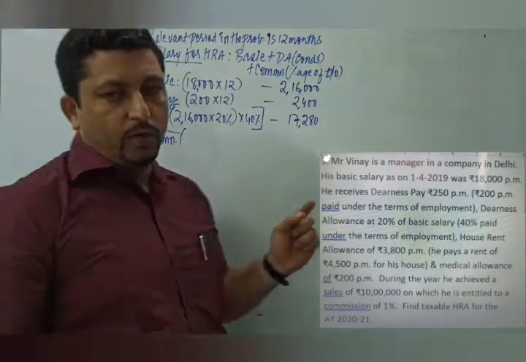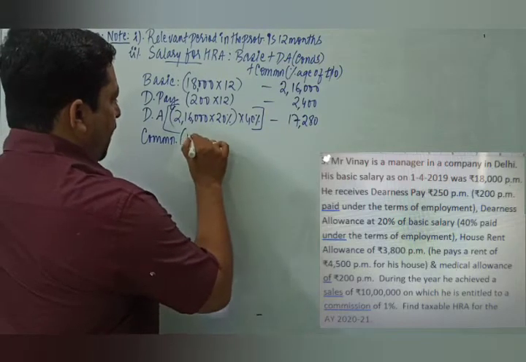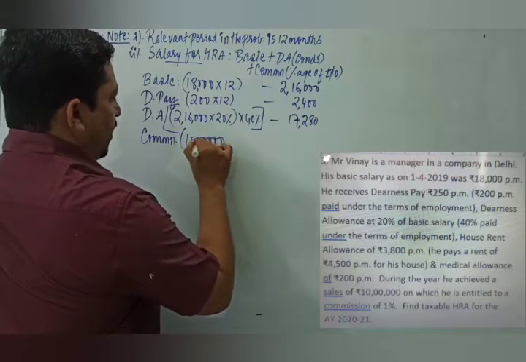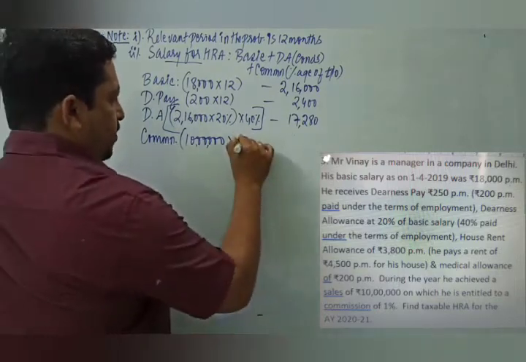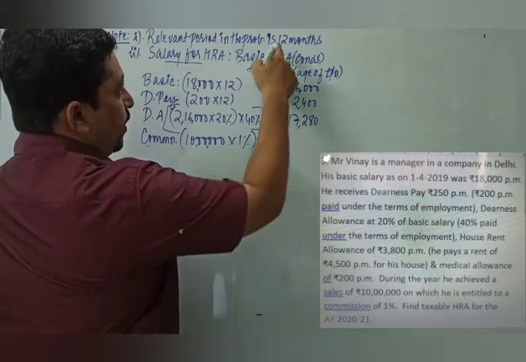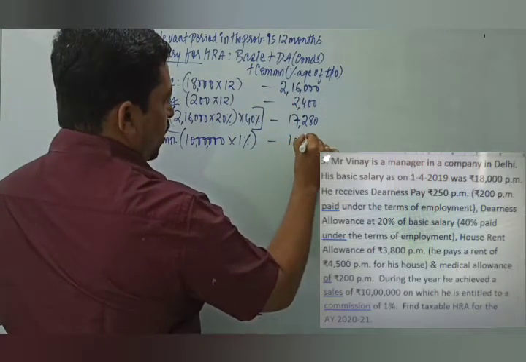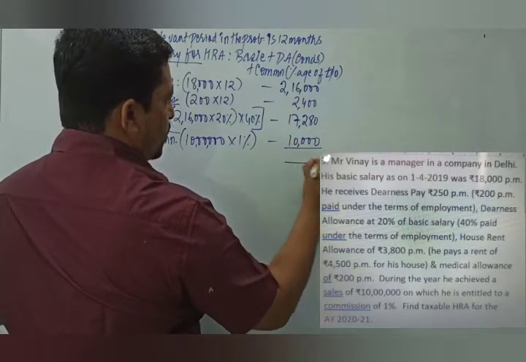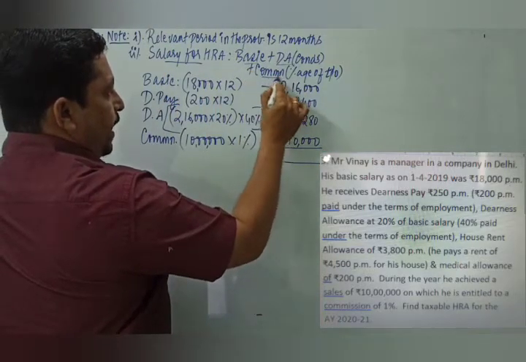And finally we have commission. His annual turnover given in the problem is 10 lakh, and he is entitled to a commission of 1%. Remember, that's for the full year because the relevant period is 12 months. So the commission amount would work out to 10,000 rupees. If you see over here, salary for HRA was basic, DA and commission.